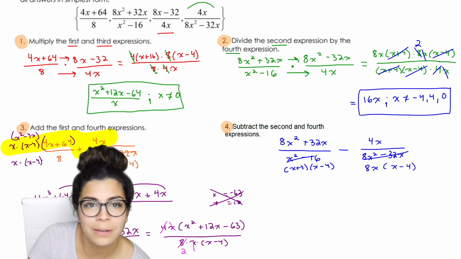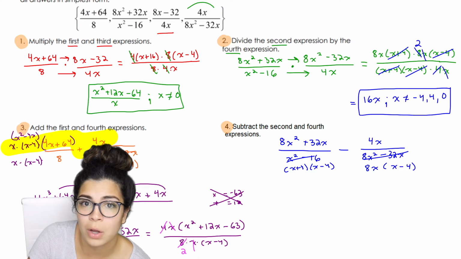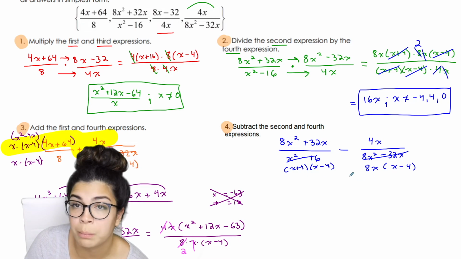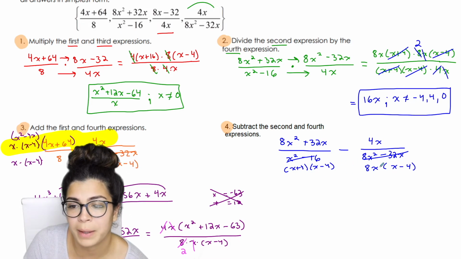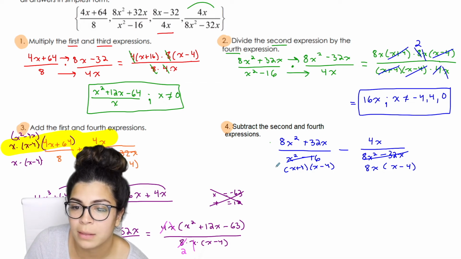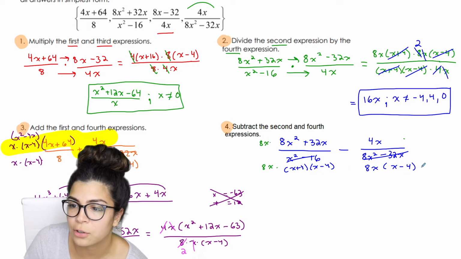So you could see that the factor of x minus 4 is already on both, so we don't need to multiply that in. We just have to multiply this fraction by 8x and multiply this fraction by x plus 4.